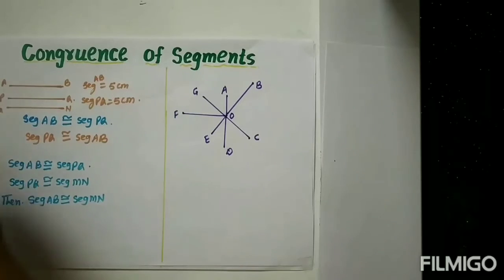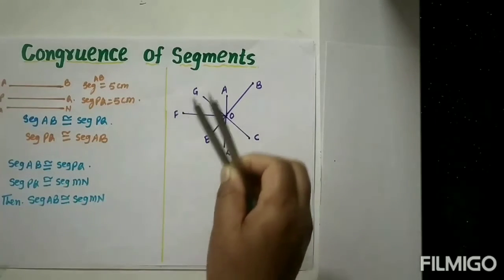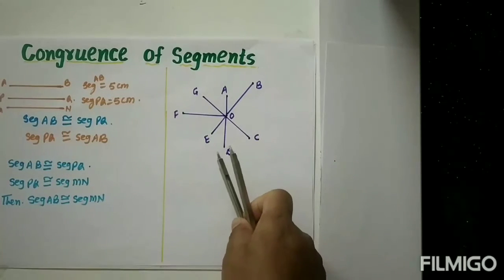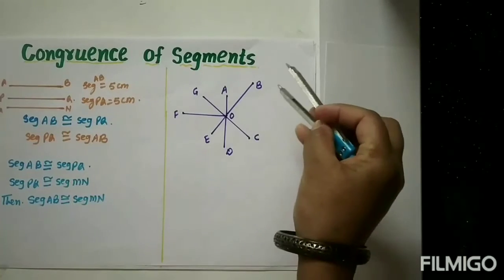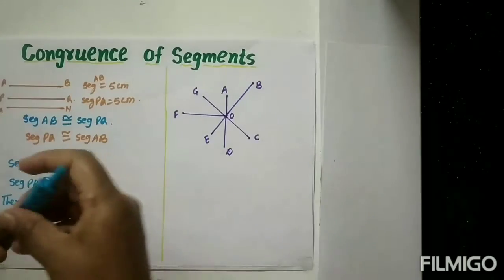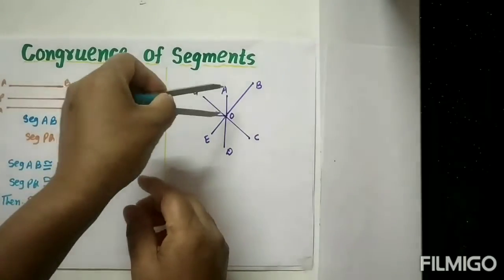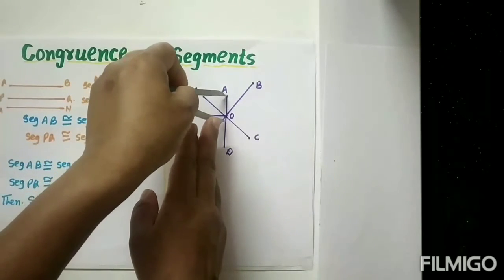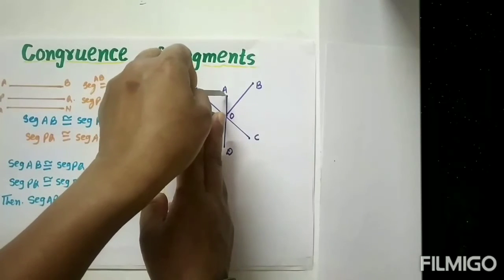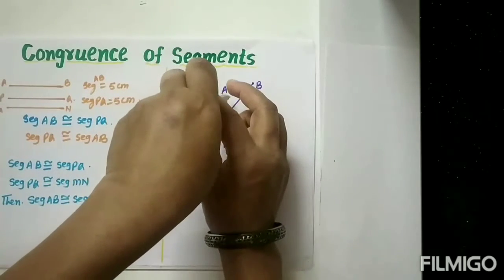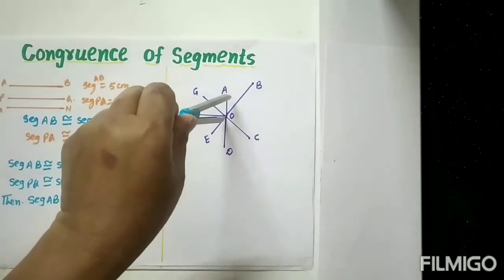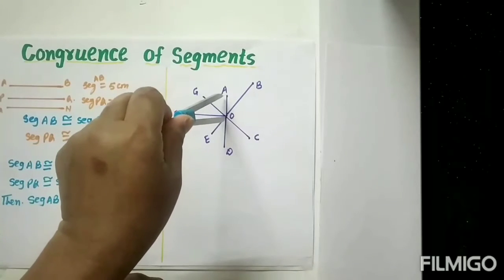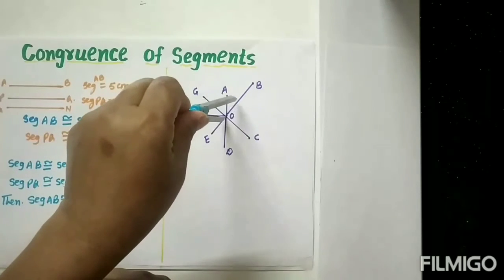For that, take a divider and measure the length of any one segment. Suppose first we will measure the length of segment AO. Now we are going to compare this length with the length of other segments.